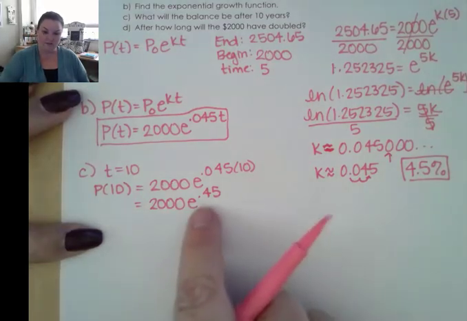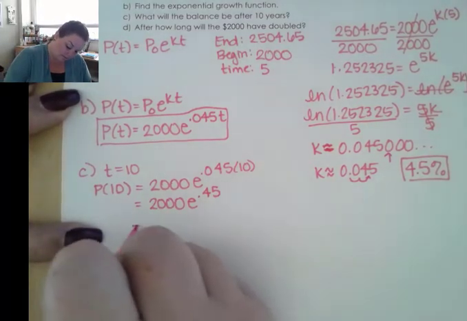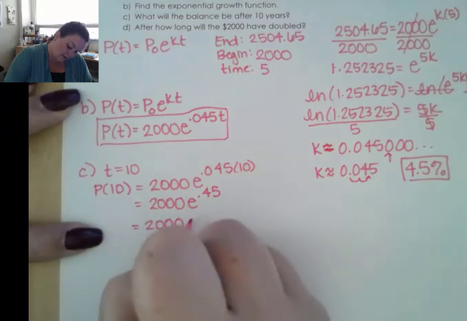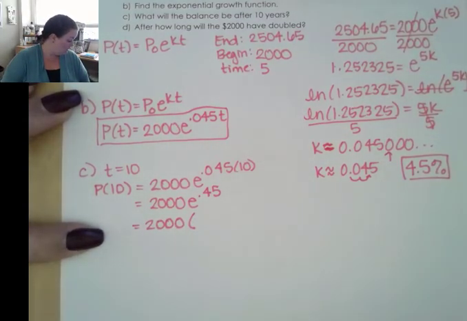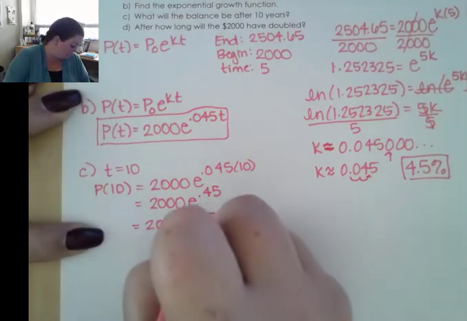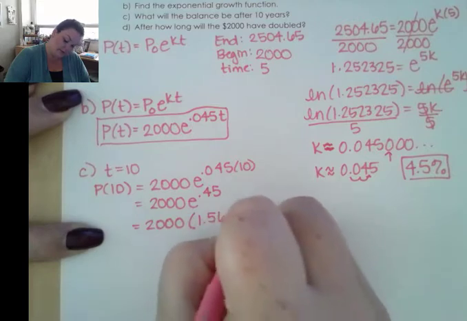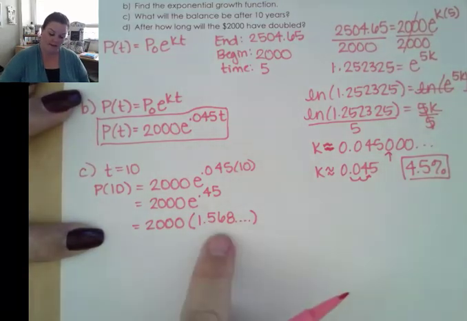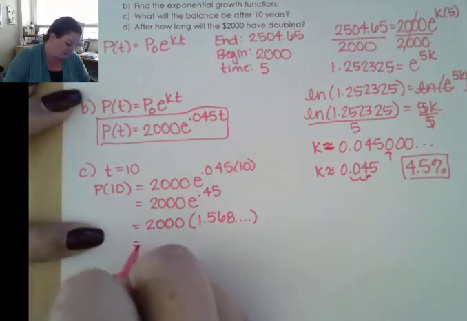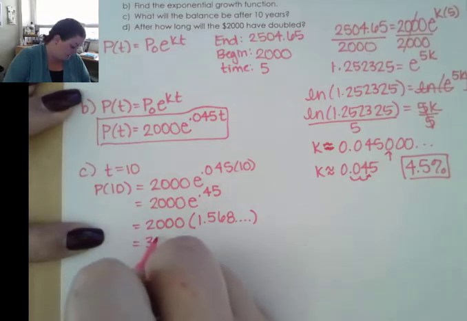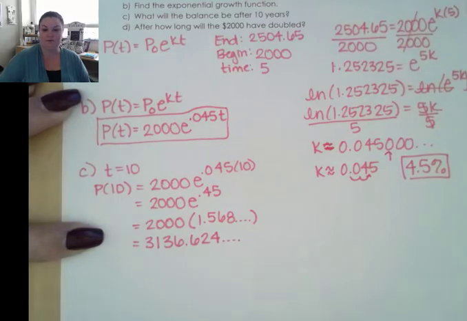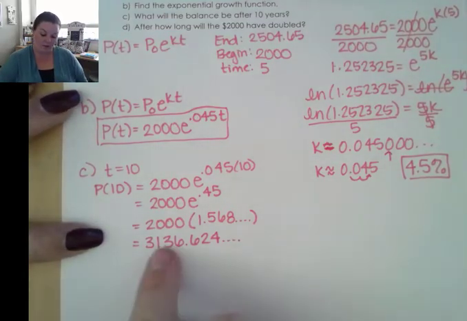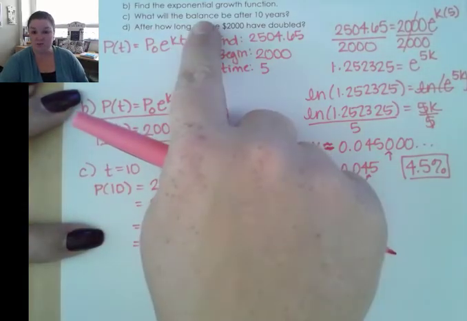Then I go ahead and do e raised to that power. So I have 2,000 times e to the 0.45, which is 1.568 and some more digits. And then I multiply that by the 2,000, which gives us 3136.624 and some more digits. Okay, and remember, we're looking for the balance. We're talking about money.